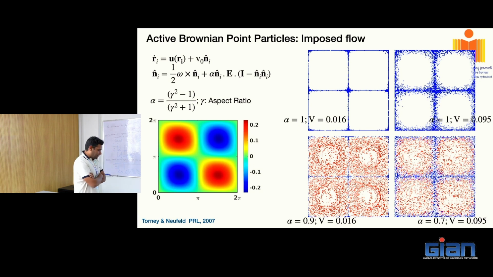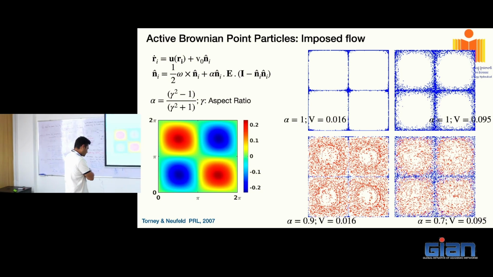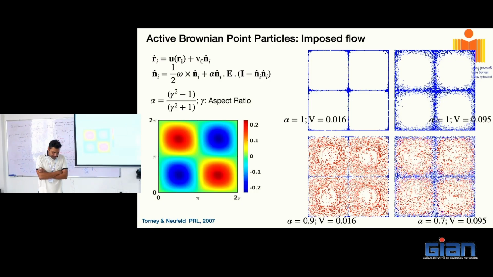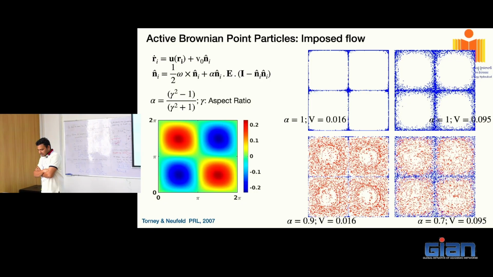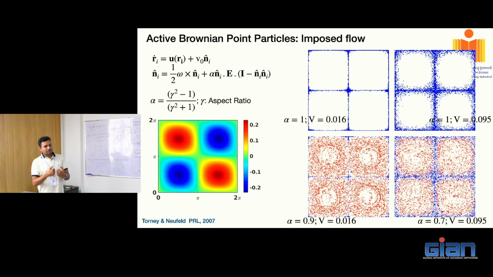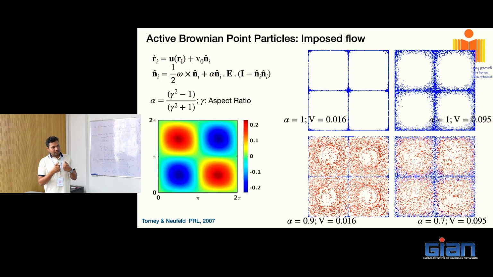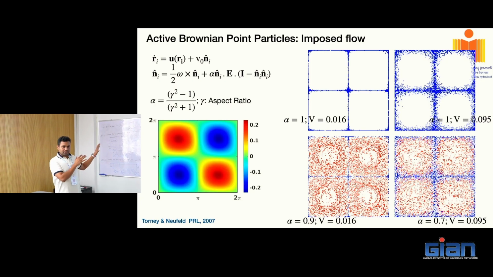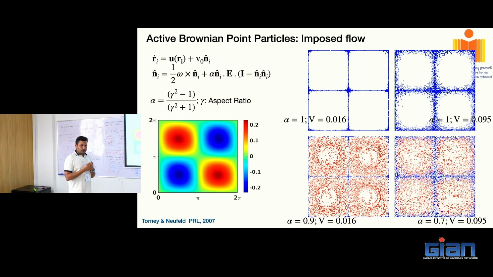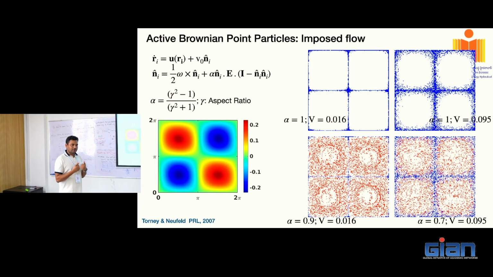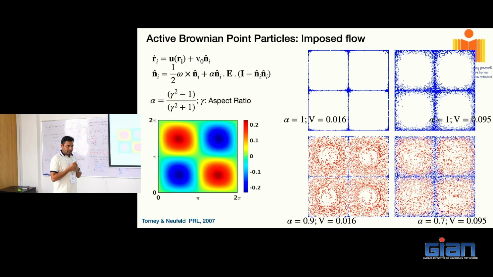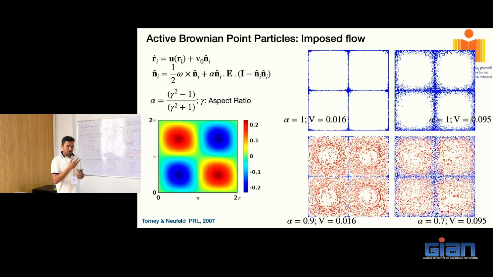The way in this context we say that they are point particles, we are saying that they are so small that they will not be able to interact with each other. Again, we are always considering a dilute suspension. They are so small and the suspension so dilute that they will never be able to see each other, and they are not going to affect the flow happening around them.